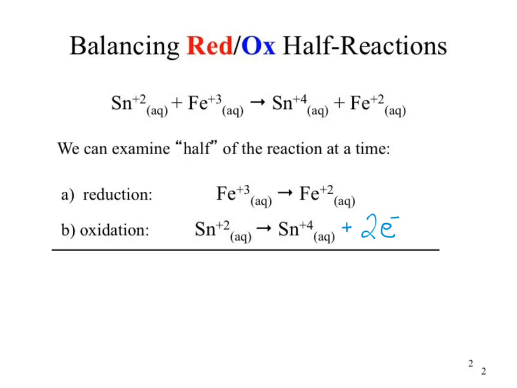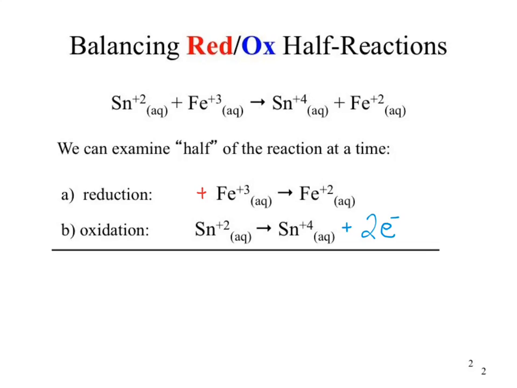What did loss mean? It was a product. So what does gain have to mean? Has to be a reactant. So we would write our electron on the reactant side. What charge was our electron? Negative. Do we have a way to check this and actually confirm that we put it in the right spot?